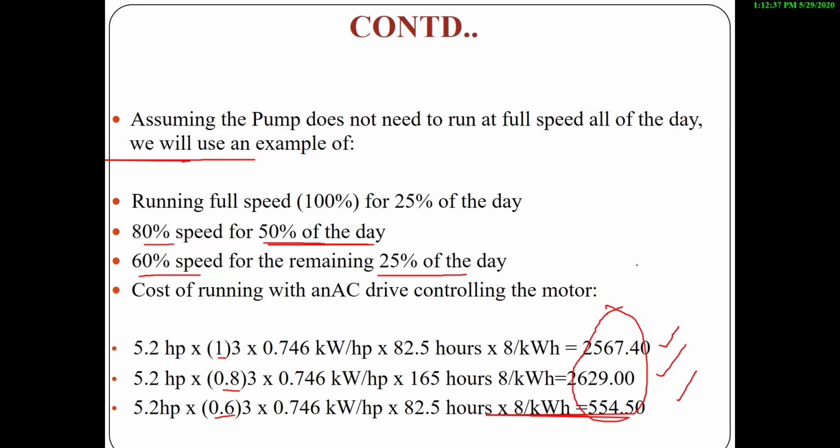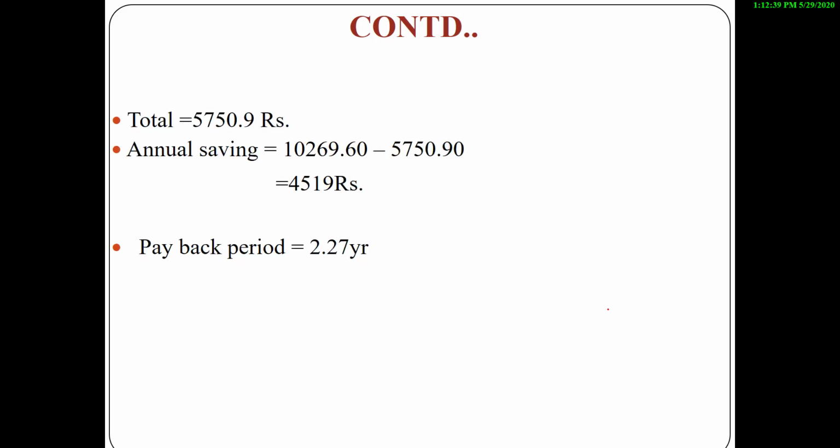We are getting different values in rupees, and the total amount is 5,750.69 rupees per day. The annual saving is 10,269.6 minus 5,750.99, which is 4,519 rupees.